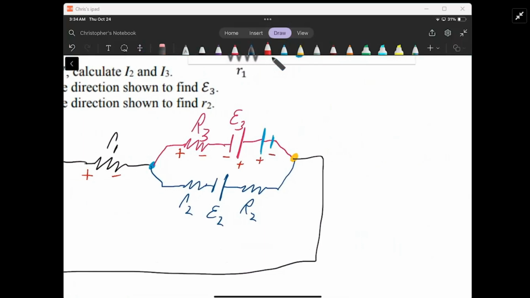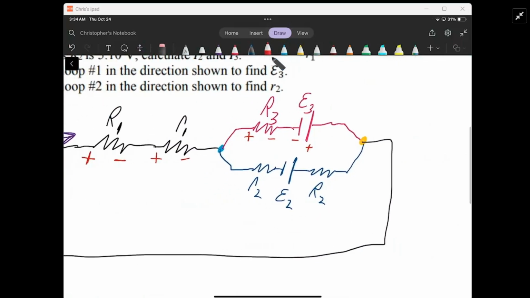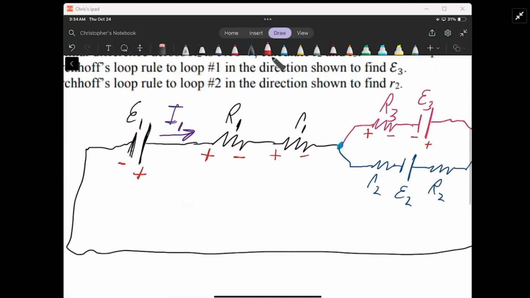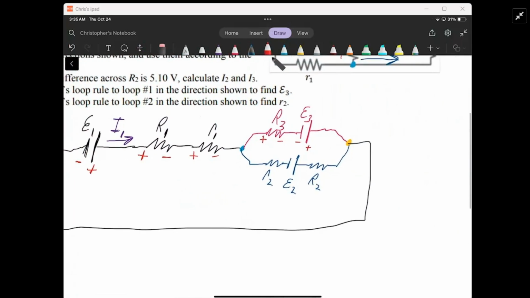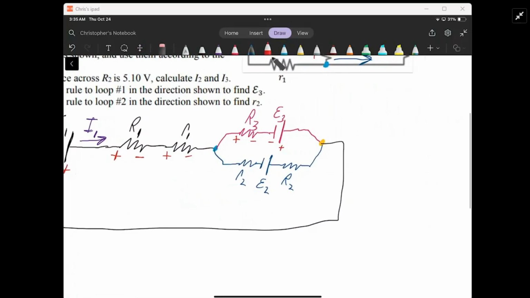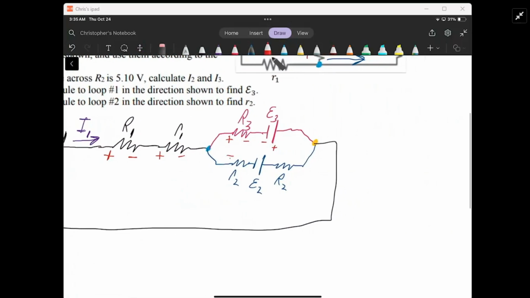But because the battery is going in the same direction as the initial battery, just to the right, then it's going to be having a positive direction in that right direction. So then we're also going to have positive there, negative here, positive here, so there, negative there, okay?